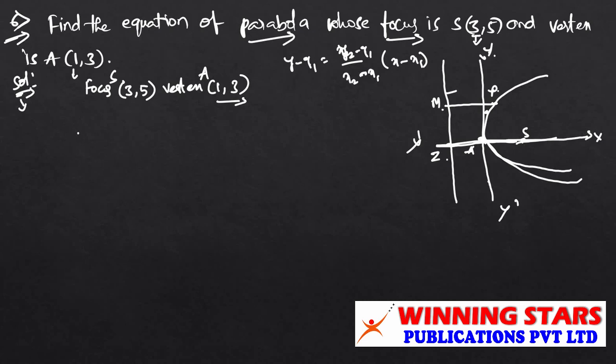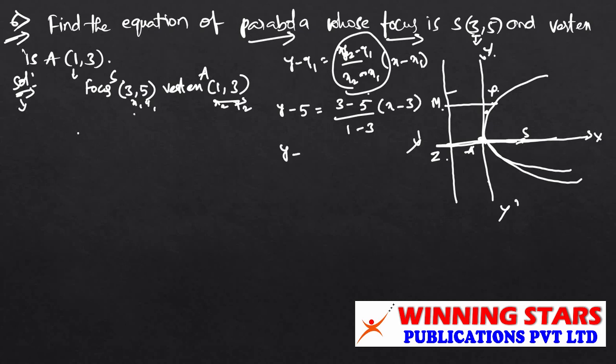So in this we substitute x1, y1 and x2, y2, and we will get the axis. Y minus y1 is y minus 5 is equal to (y2 minus y1), where y2 is 3, so 3 minus 5, divided by x2 minus x1, where x2 is 1, so 1 minus 3, into x minus x1, which is x minus 3.